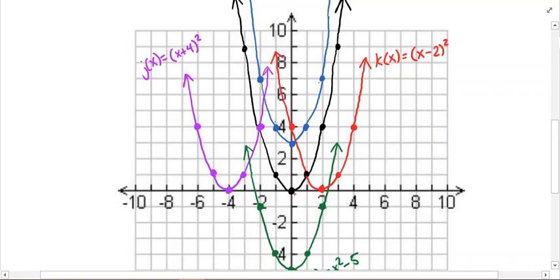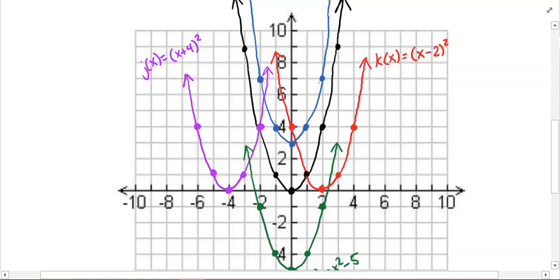If you compare the vertices, the original function x squared has a vertex at the origin. The parabola in red has its vertex at the point 2, 0, if you can see where my cursor is. So basically, we have shifted over to the right by 2 units to get that new vertex. And the same is true of every point on the black graph.